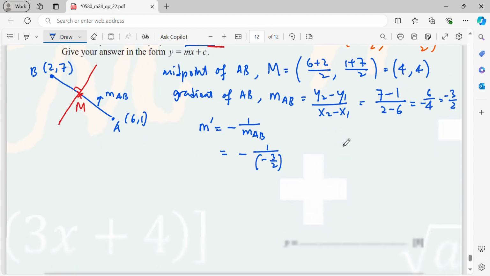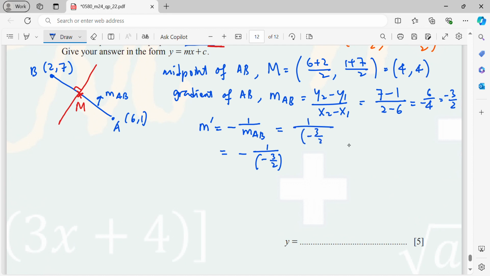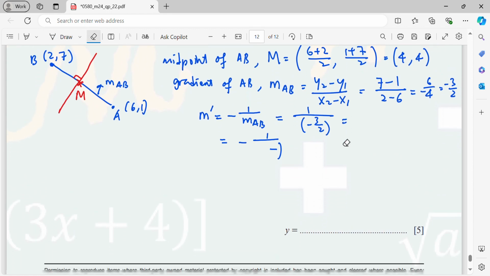Probably I write horizontally. Then this is going to be positive 2 over 3 because the minus cancels off. So 1 over 3 over 2 is basically 2 over 3.